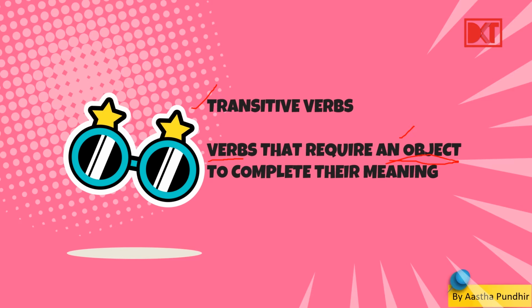And they have no meaning if there is no object. All right. Okay, let's try to understand this through example. You just have to remember one small thing, that transitive verbs, they require what? Require an object.